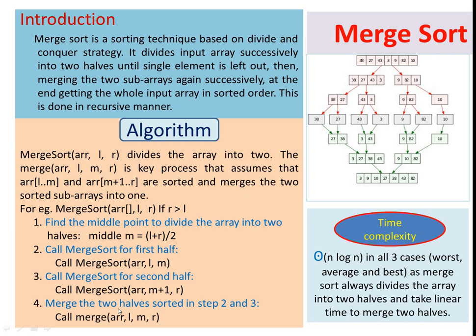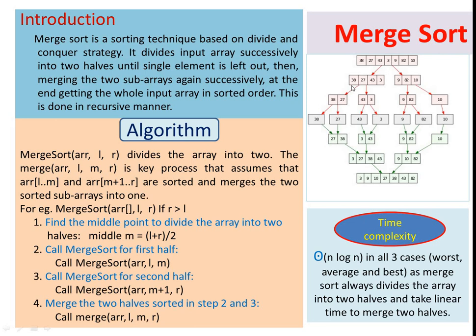Now the fourth step is evaluated, which is merging these two subarrays, resulting in 27, 38. The first will be 27 and the second value will be 38.